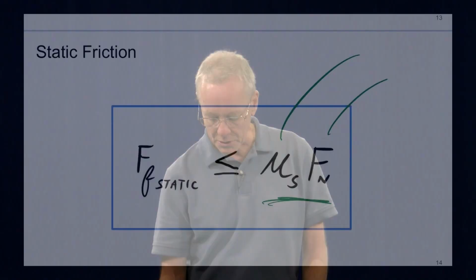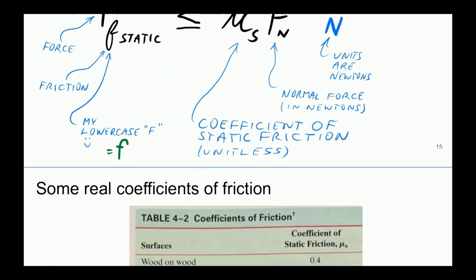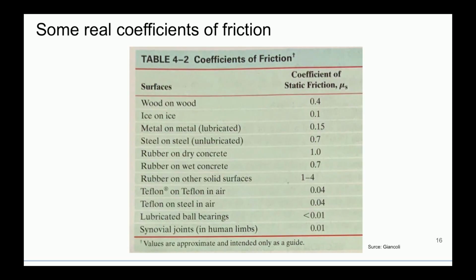Surprisingly, at least to a first approximation, it's only dependent on the materials. So that's mu static. It depends on the two materials that are in contact with each other, and one can list mu static for various pairs of materials, which we do in the presentation.